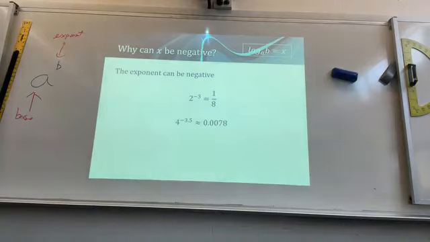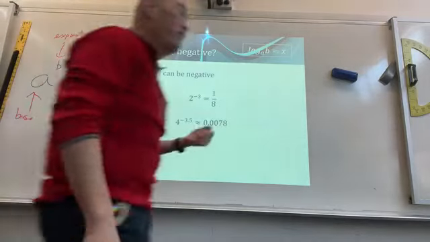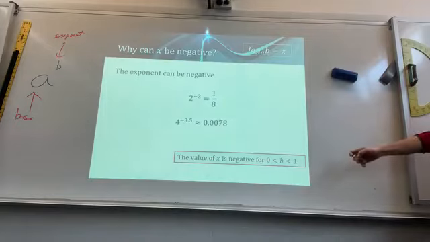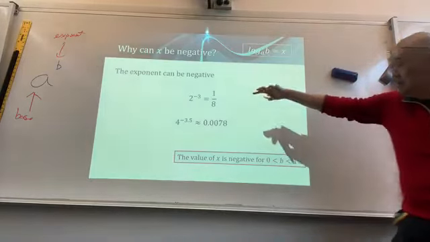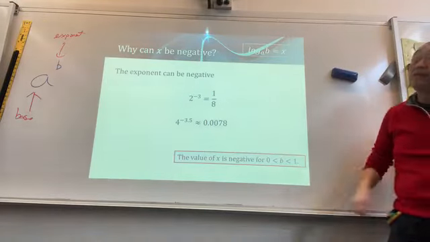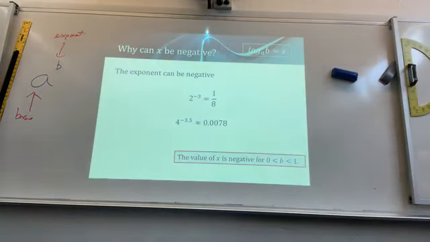X is the power, so X can be negative, except for base 1, and when A is less than 1. That's a lot of exceptions: A and B cannot be negative, but X can be negative. B has to be between 0 and 1.